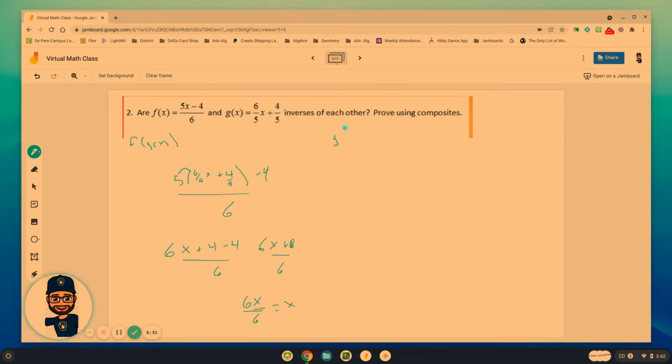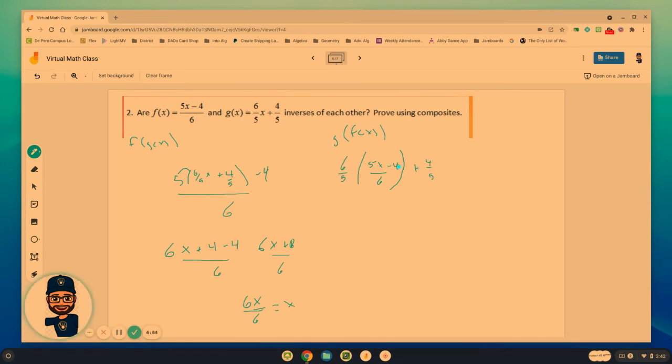Now let's find the g of f of x, plugging the f function into the g. 6/5 times 5x minus 4 over 6 plus 4/5.